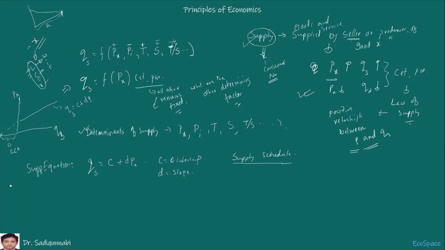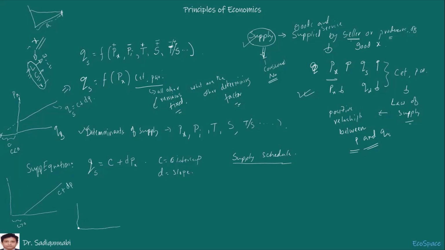Now tell me, when C is positive, what is the shape of the supply curve? The supply curve is definitely like this, because here C is positive. Now this is C plus DP. Now can anybody tell me when C is 0, what is the shape of the supply curve?